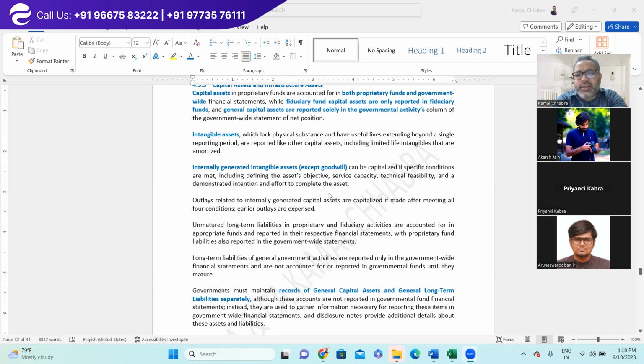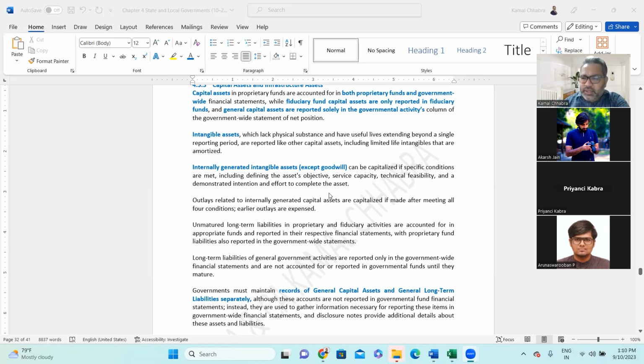These are also reported as capital assets, including limited-life intangibles that are amortized. So physical assets are depreciated and intangible assets are amortized, as well as tested for impairment at each period end.